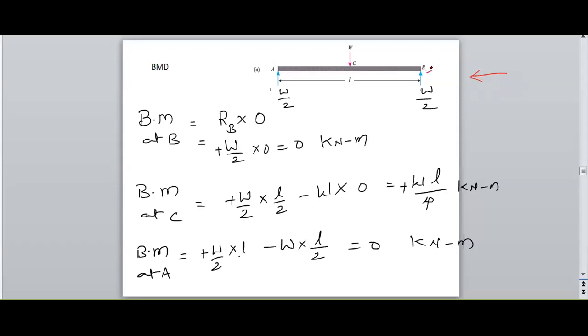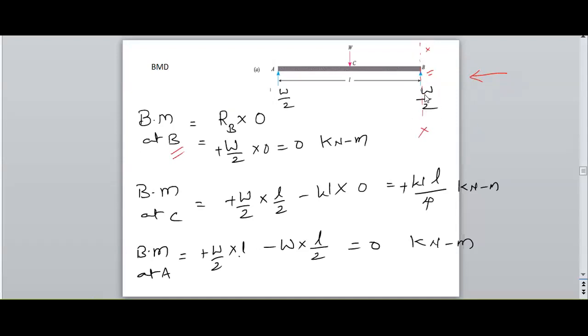Therefore, the first point is B. And the first load is RB, and the section I am considering at B.